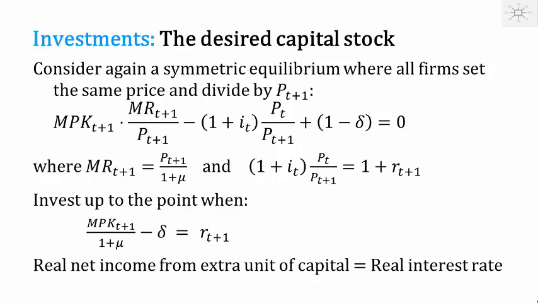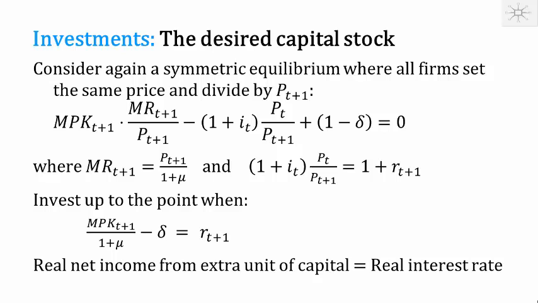And now we know that the marginal revenue is, if we go back to what we did in chapter 2, the price divided by 1 plus the markup. And we recognize the expression in the middle here, 1 plus interest times the price divided by the price next period. That is 1 plus the real interest rate.